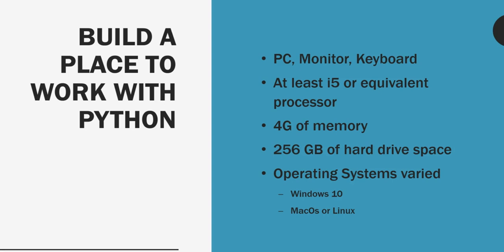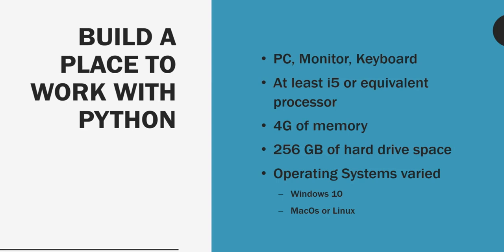Now, how to build a place to work with Python. What you're going to need to be able to work with Python is so easy. The only thing you need is a PC or monitor and a keyboard. At least I would recommend that you have an i5 or equivalent processor, as sometimes the programs might require a lot of memory. You're going to be using Python, which is a free program that you're going to download from python.org.